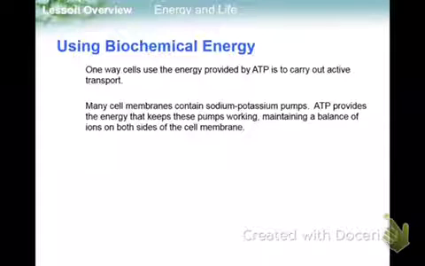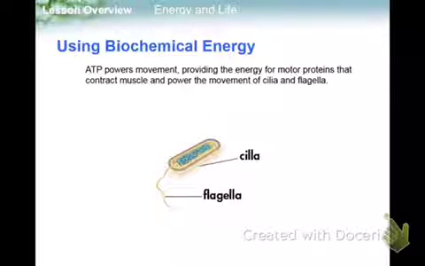One of the ways that cells use energy of ATP is active transport. We talked about active transport way back with sodium-potassium pumps. That was one of the examples we gave that's found in the cell membrane. The sodium-potassium pump is super important in nerve cells and getting those neurons firing, sending information to and from the central nervous system, to and from the muscles, to and from the sense organs.